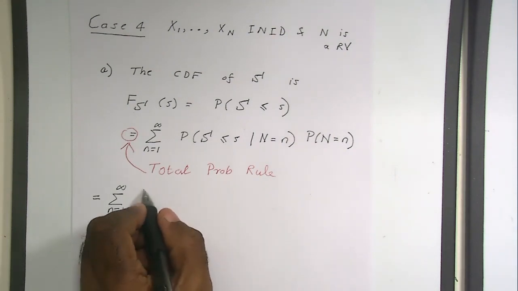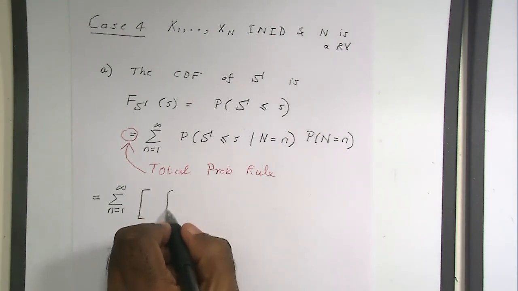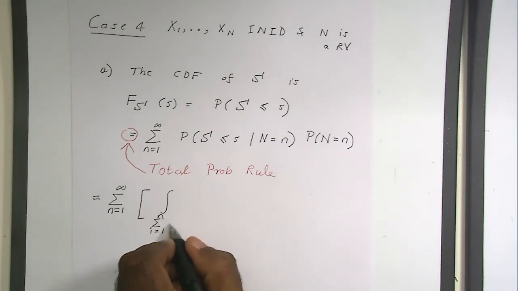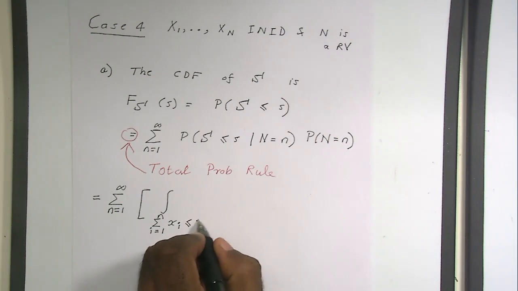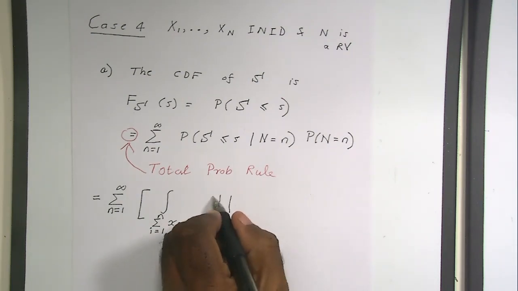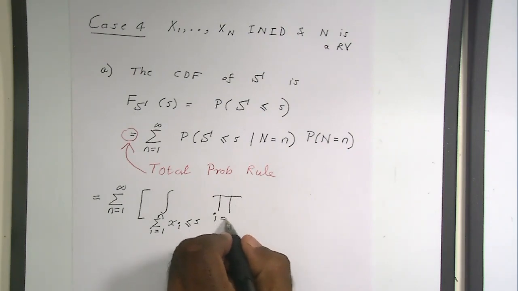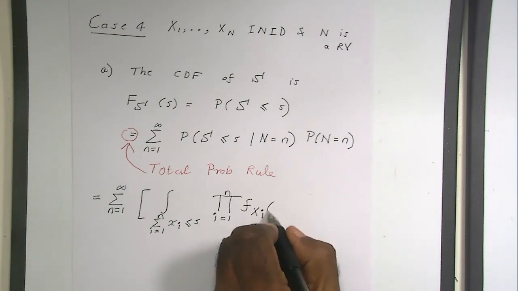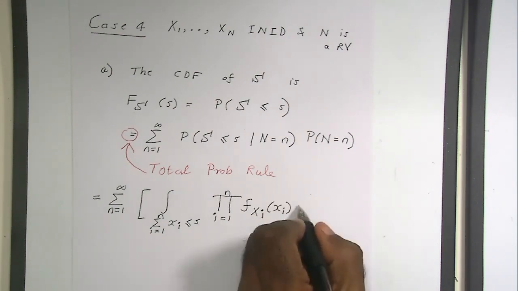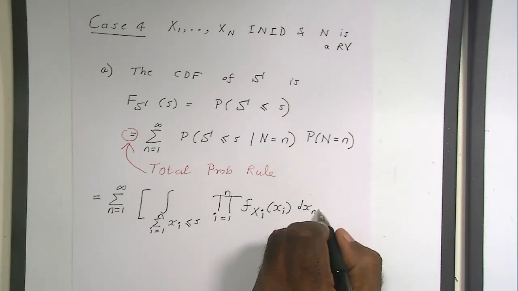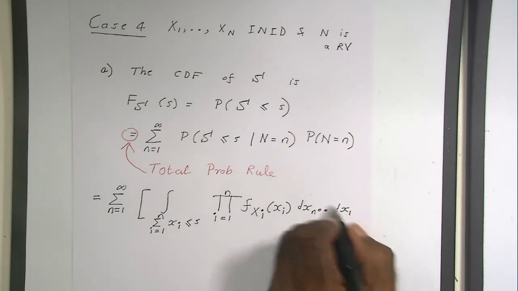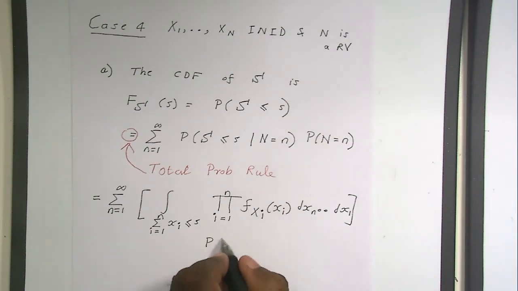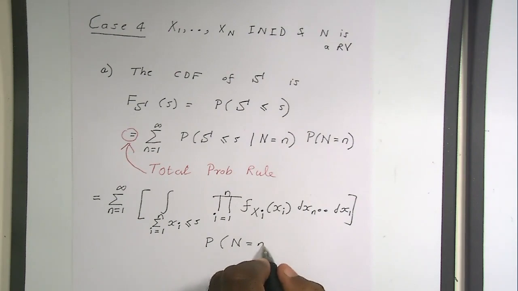So this is what you will get. And you multiply this by the probability that capital N equal to little n.